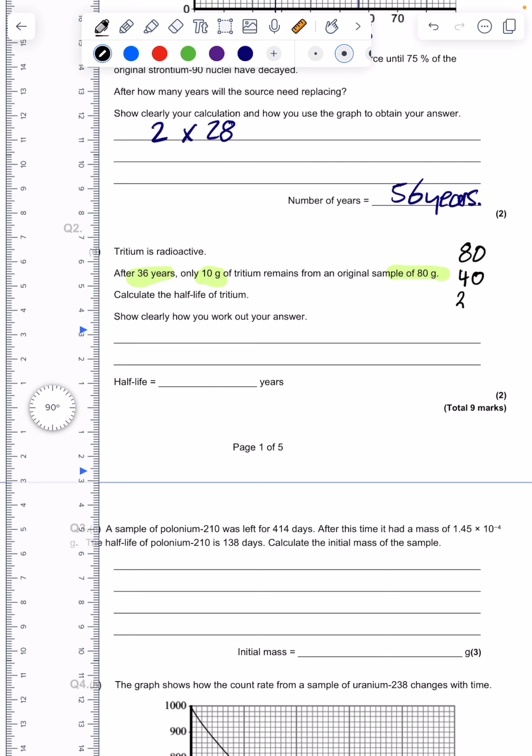After 2 half-lives we're going to have 20 grams. And after 3 half-lives we've got 10 grams. So 3 half-lives equal 36 years. We want to work out how many years for each half-life, so 36 divided by 3 is 12 years.